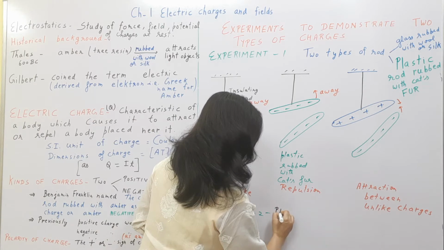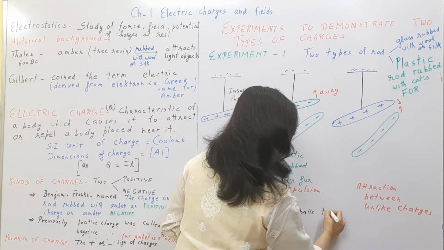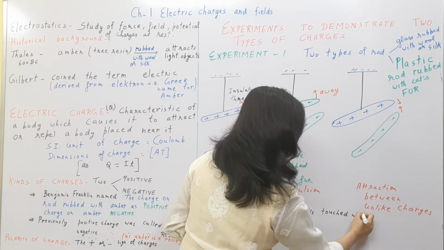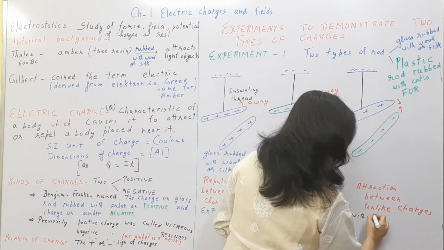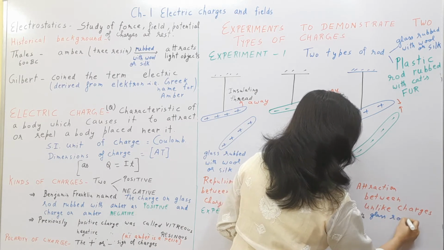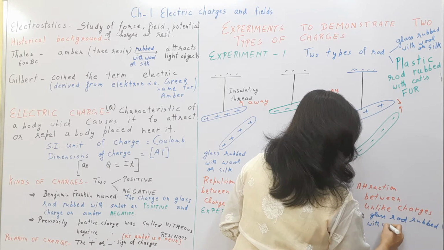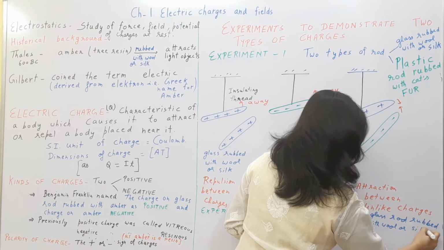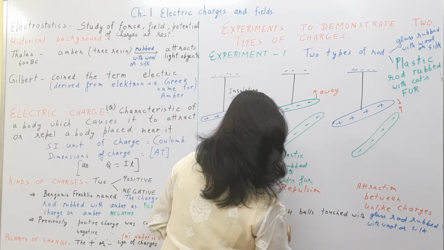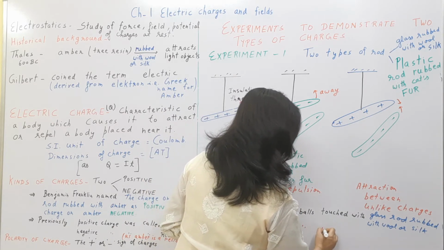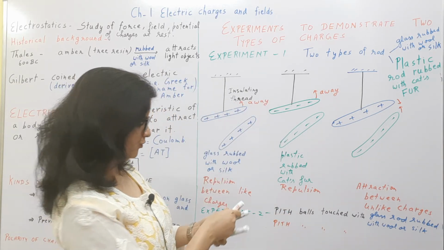Pith balls touched with glass rod rubbed with wool or silk, and another is pith balls touched with plastic rod rubbed with cat's fur.